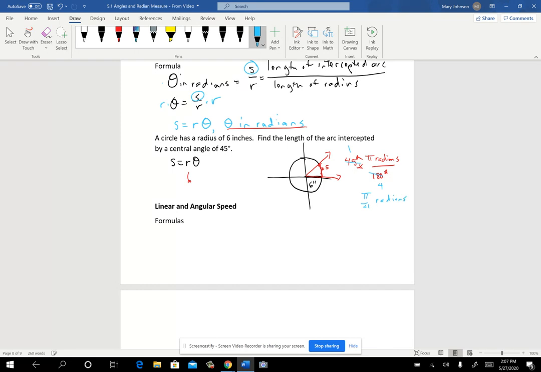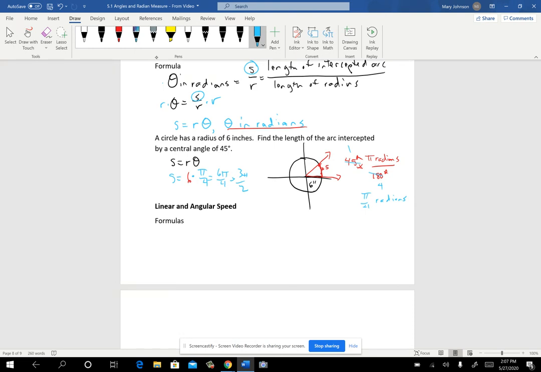So you need to be sure that your theta is in radians. Then you come back over here, and where theta is, you put pi over 4. And so the length of the arc would be 6 times pi over 4. That's 6 pi over 4, which is 3 pi over 2. And the unit on that would be inches.